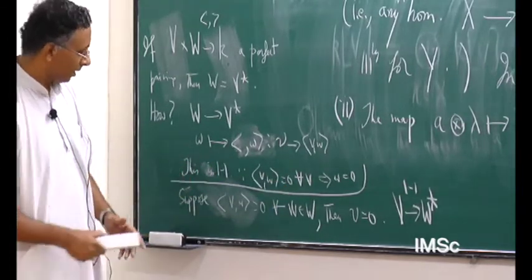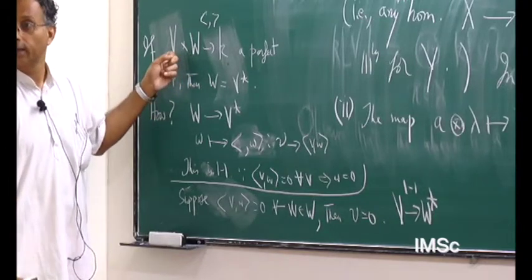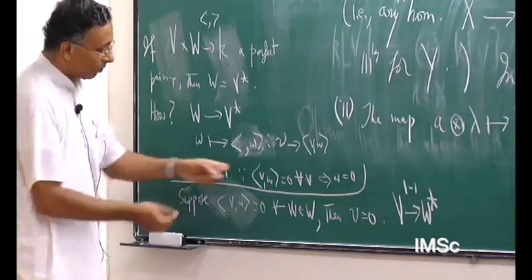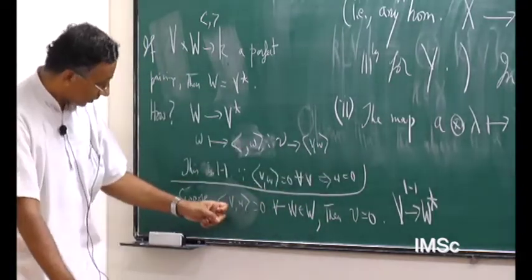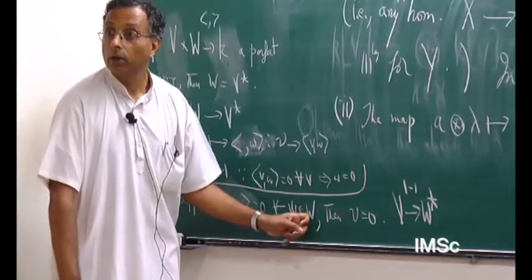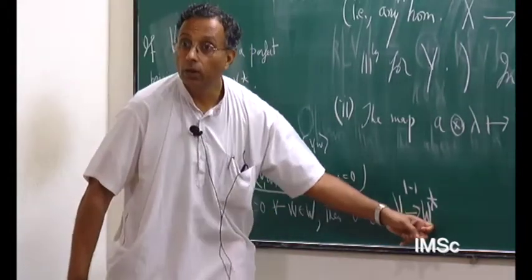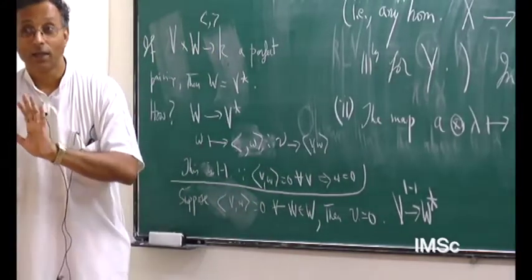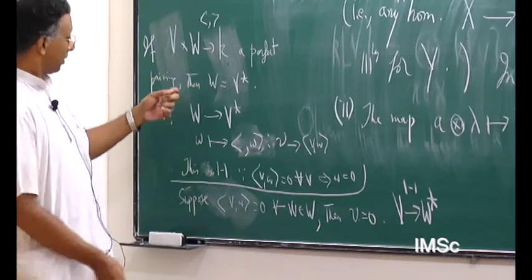Typically what it said is you are given these two things, that is you know that VW equal to 0 for all V implies W equal to 0, and if the other way, if VW equal to 0 for all W in W, then V is 0. Okay, then by the same token you get a map from V to W star. Okay, 1 1.